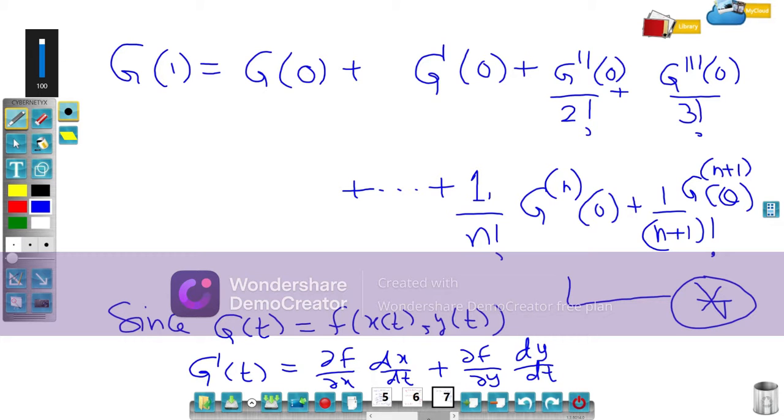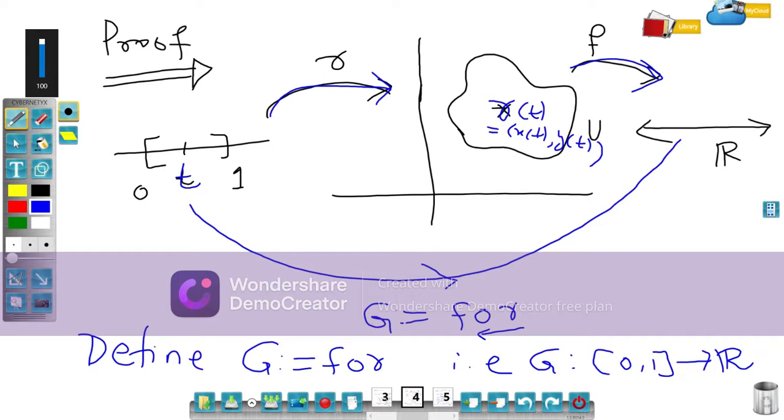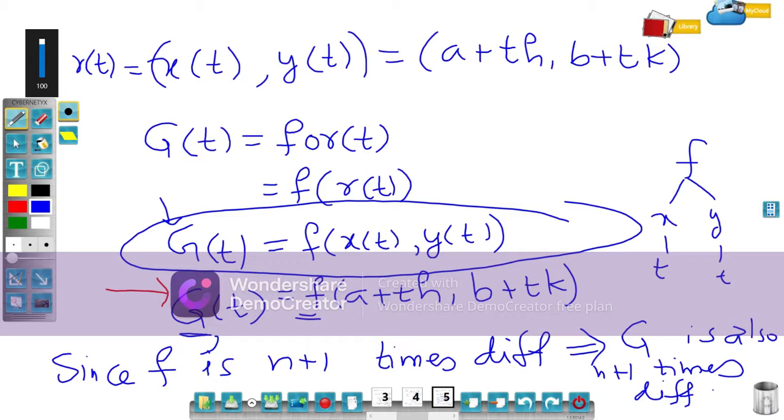But what is dx by dt? We have already written that too. Yeah, x of t we have written as a plus th.